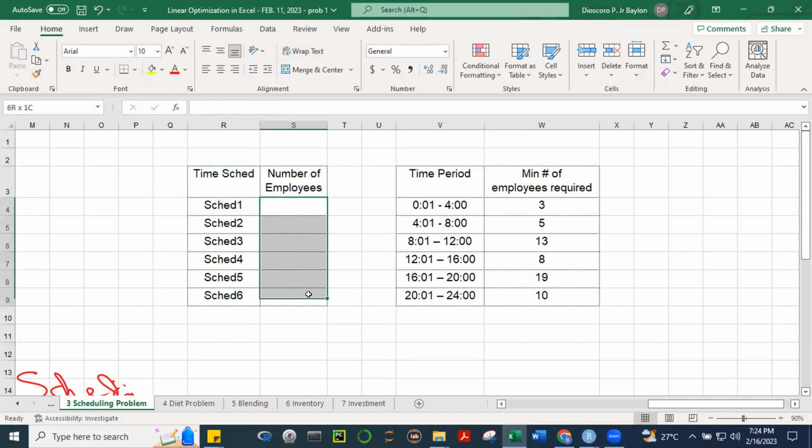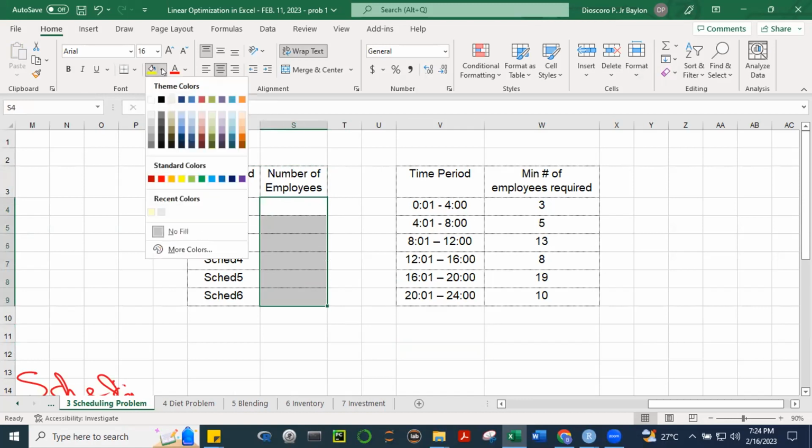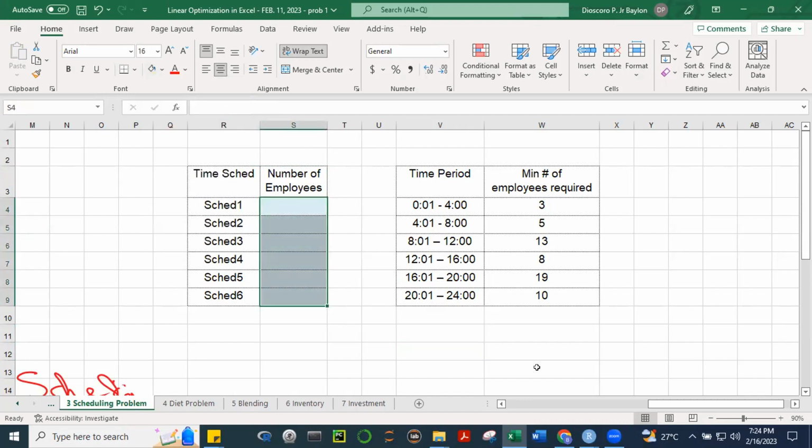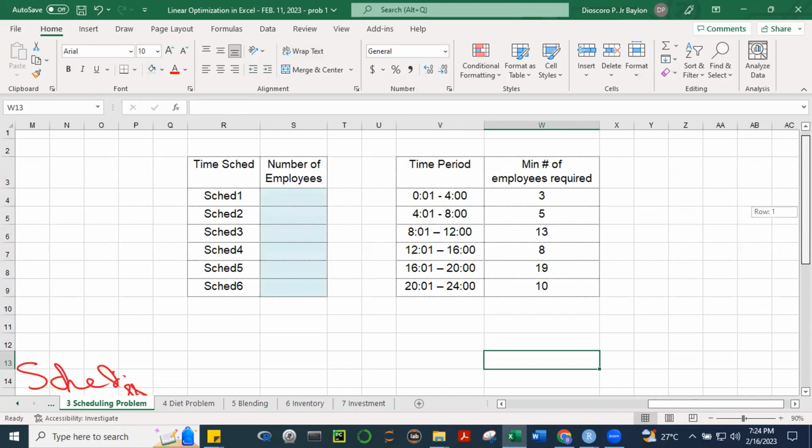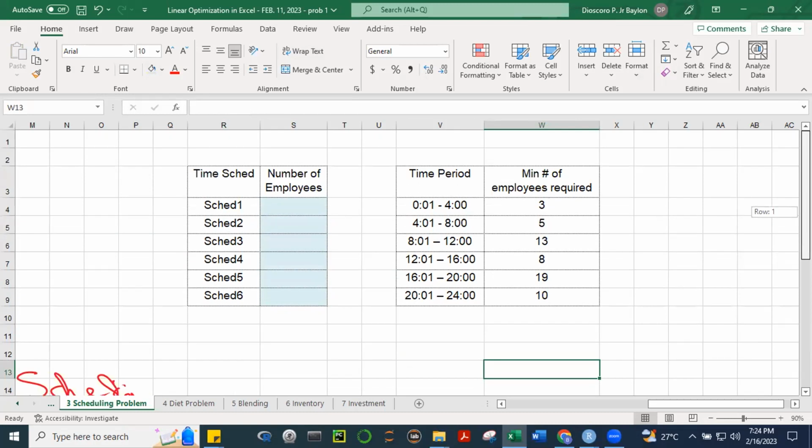So these are our decision variables, and as I said, we have to color code it. I prefer color coding it in light blue to mean it's a variable. It's like the water that changes. Pardon my analogy. And then we need to also have our objective function. I can put here total.